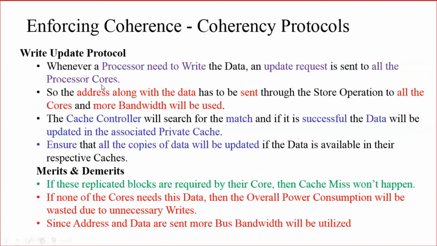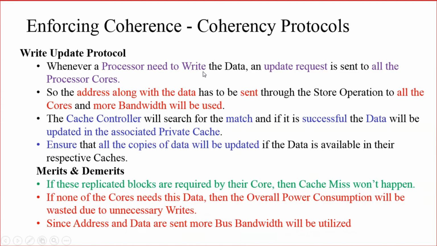But here, when the processor needs to write the data, it sends an update request to all the cores. That means if you are updating one copy, all the other copies will get updated. So the address along with the data has to be sent through the bus for the store operation. Write means store operation.